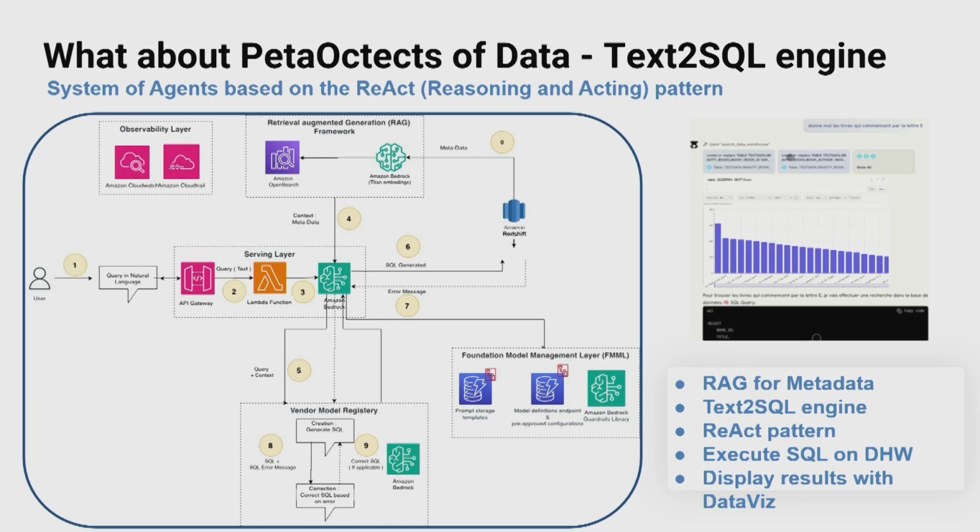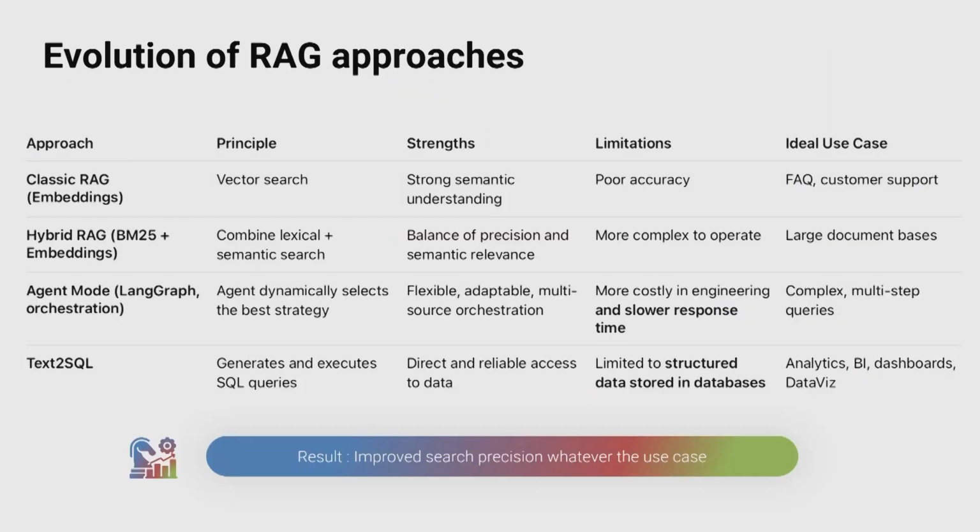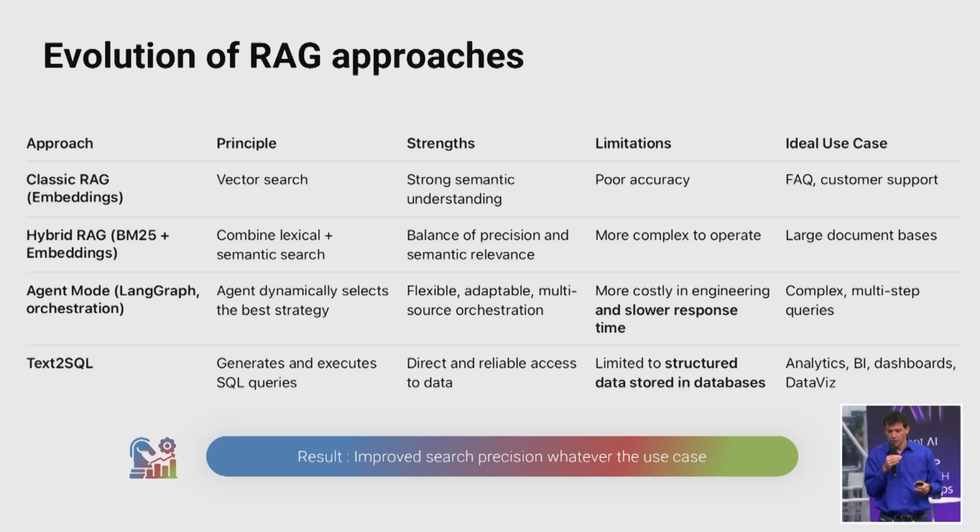So the user has nothing to do. It's just behind the scenes: it will regenerate a SQL based on the error to have the correct SQL. To sum up, for the RAG to retrieve information, there is the classic RAG, which for me has poor accuracy and cannot work in production.